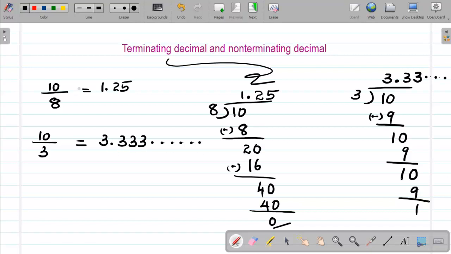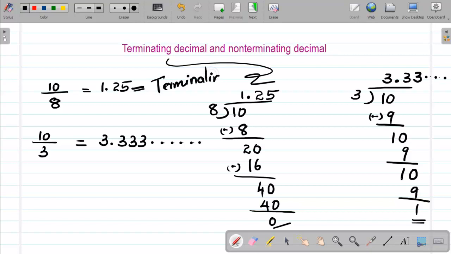In the first case, if you divide 10 by 8, the remainder value is equal to 0. But in the case of 10 divided by 3, we always get the remainder 1. The same remainder will continue. If the remainder is equal to 0, the corresponding quotient gives a decimal number, and this decimal number is called a terminating decimal.